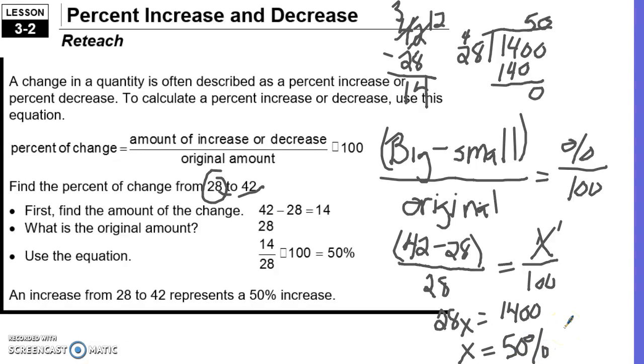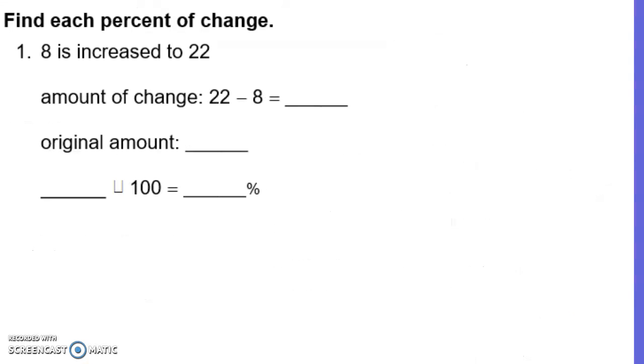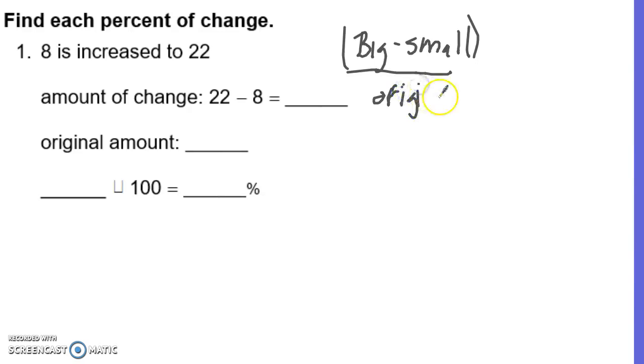Okay, let's take a look at number 1 through 4. All right, so number 1 through 4, I'm going to do big minus small over original equals percent over 100.